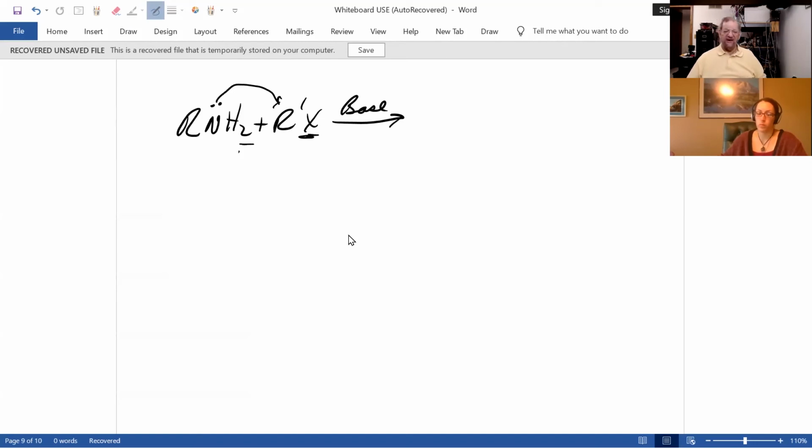This is a carbon-nitrogen bond, which is quite easy to make, more prevalent than carbon-carbon single bonds, which are very rare, hard to make. And you lose a hydrogen X, and it's neutralized by the base. And what you get, it doesn't matter which side the nitrogen, the R and R prime are.